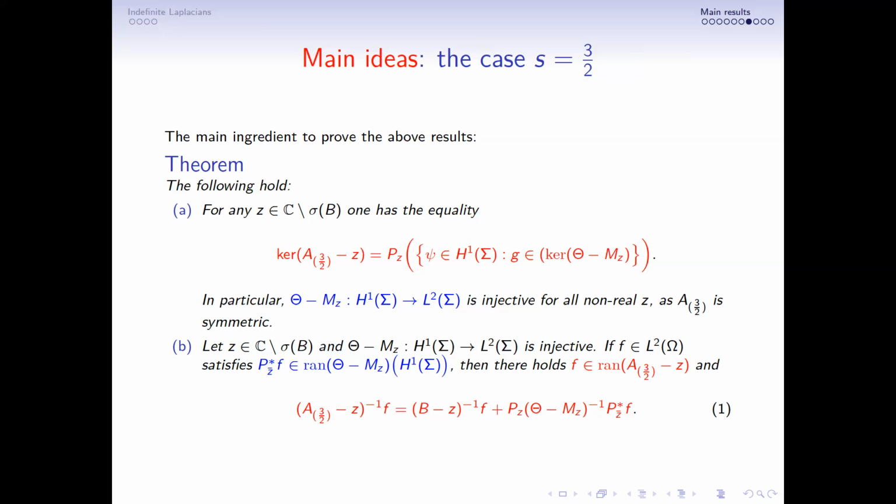And this shows that your operator is self-adjoint. So the main point, in fact, is to show that theta minus mz is surjective. This is the main problem.